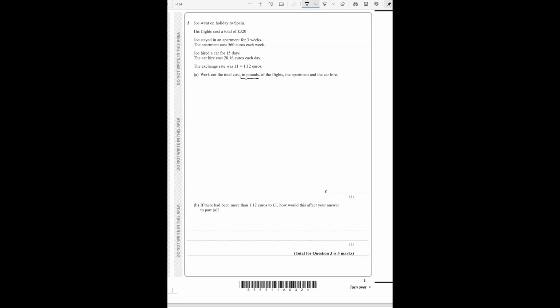Okay, so what I would do, I would convert everything into pounds to start with. So 560 divided by 1.12, which gives me £500. I'll do exactly the same with the car hire. And once I've got it all in pounds, it's then just a hopefully fairly straightforward calculation, so obviously using your calculator, that's handy, 18.